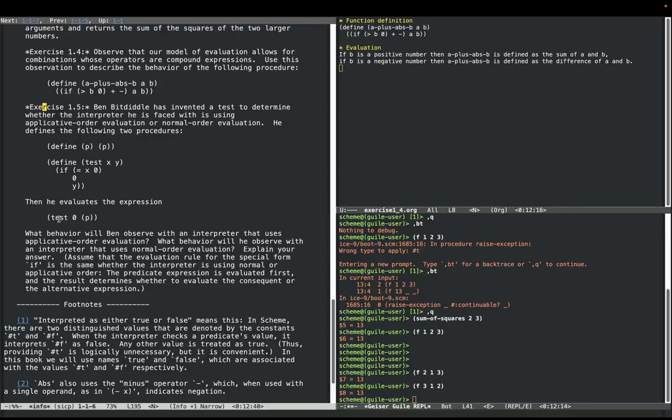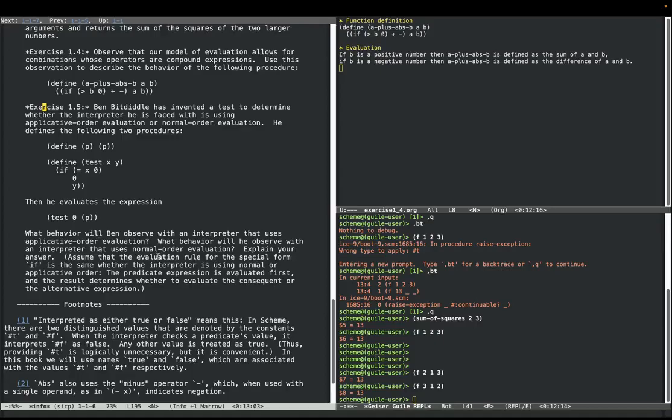Then he evaluates the expression test 0 p. What behavior will Ben observe with an interpreter that uses applicative order evaluation? What behavior will be observed with an interpreter that uses normal order evaluation? Explain your answer. Assume that the evaluation rule for the special form if is the same whether the interpreter is using normal or applicative order.